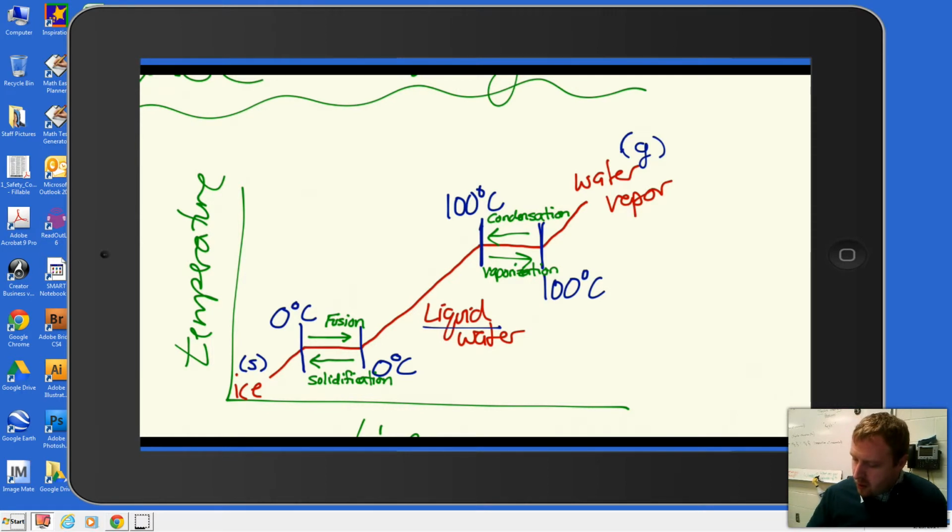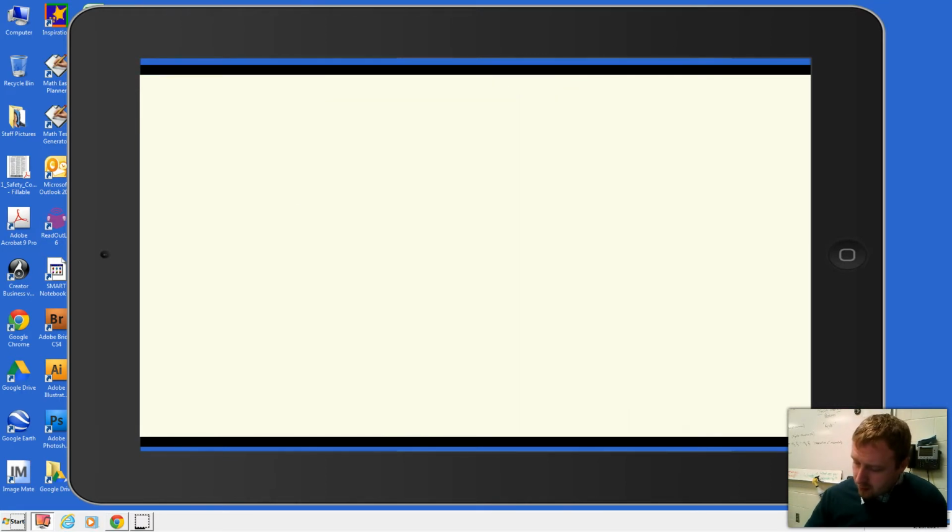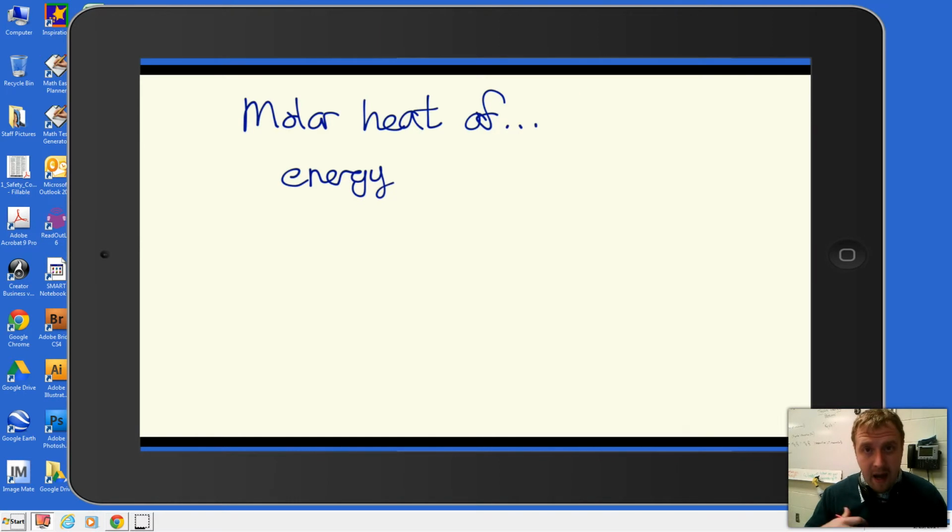So I'm going to focus on these four terms. First of all, they all start with the molar heat of. This implies that it is an energy needed to create this phase change per 1 mole of substance.